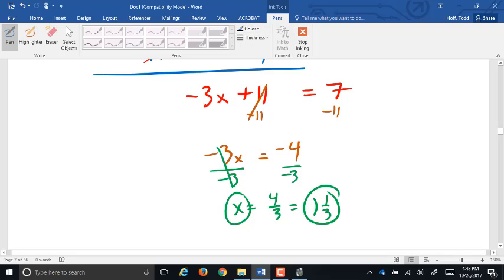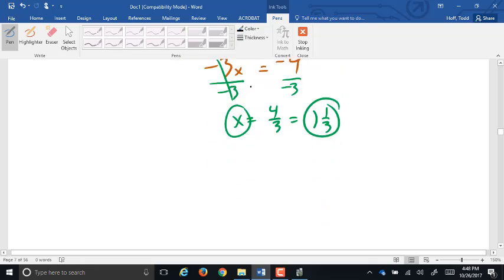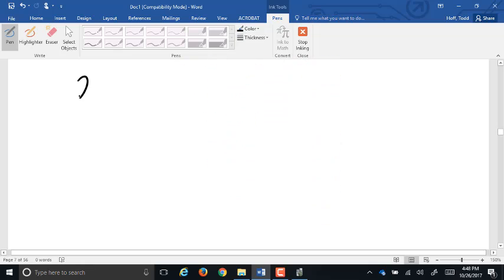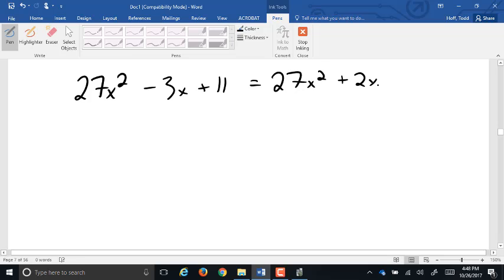Another variation of that might look like this. So again, here we see that x squared, and we worry that we're going to have to do that factoring and solving.